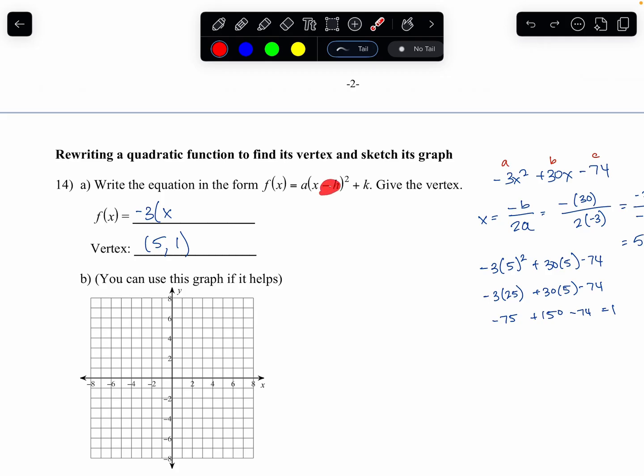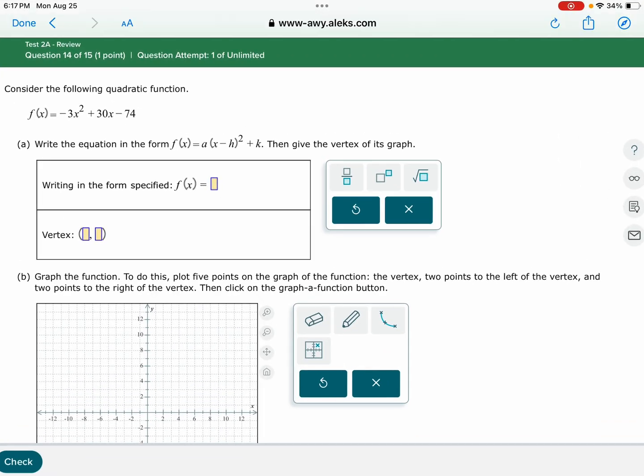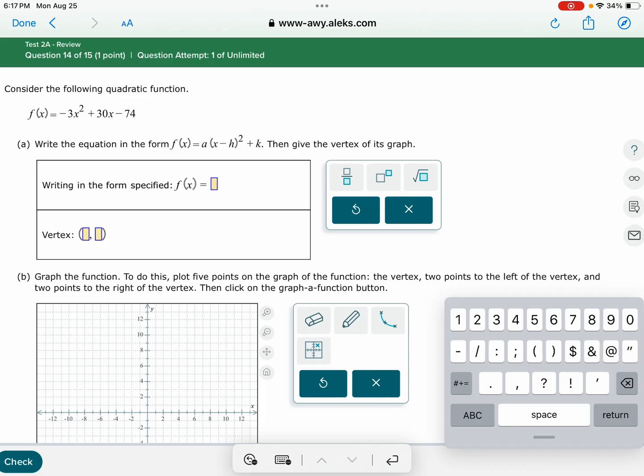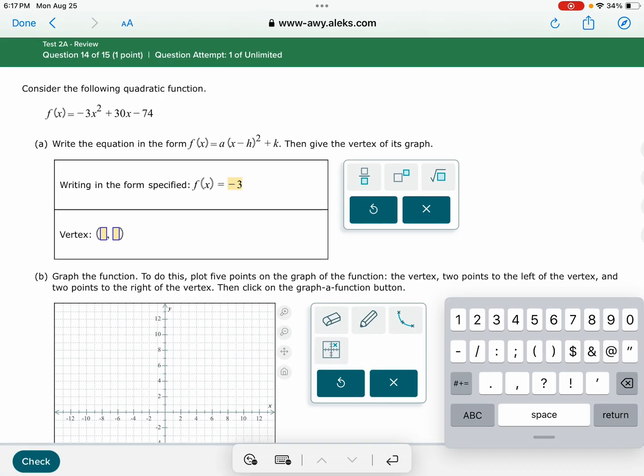So what is this going to be? Well, because the vertex is at positive 5, that's going to be x minus 5 squared, and then plus 1 for that right there. So this right here should be the vertex form. So -3, and then I'm going to do parenthesis.